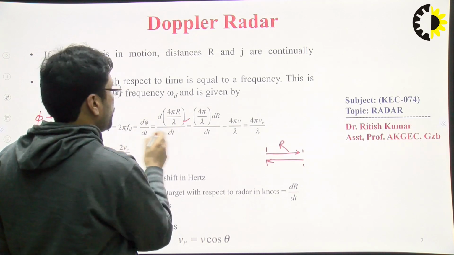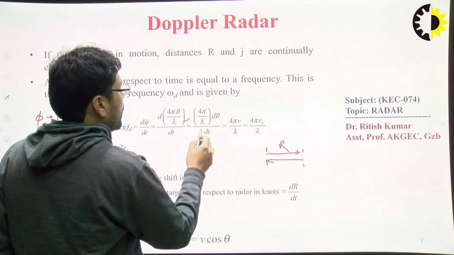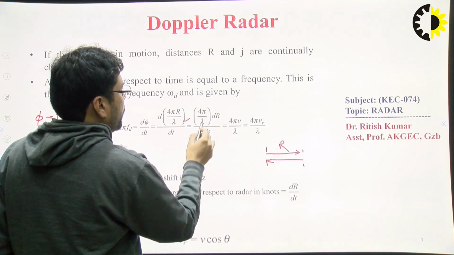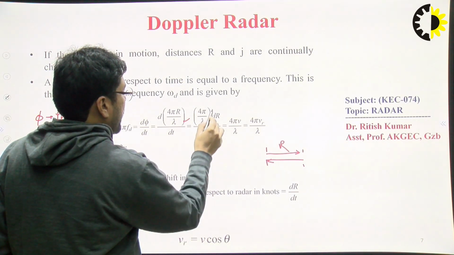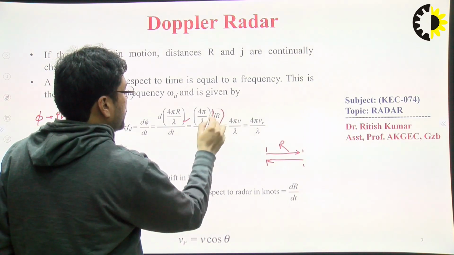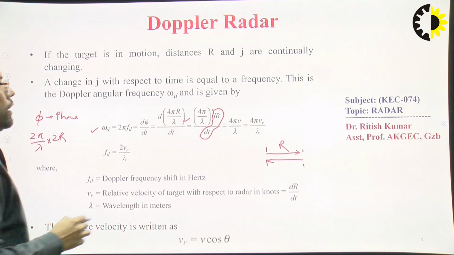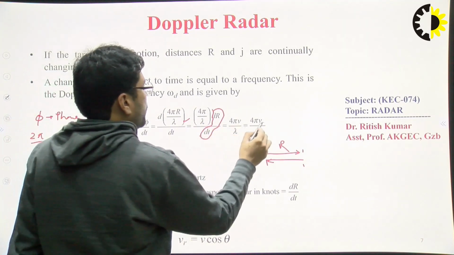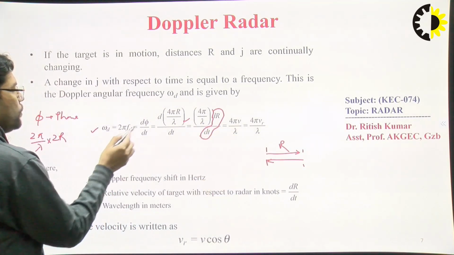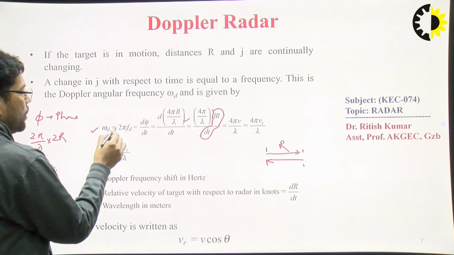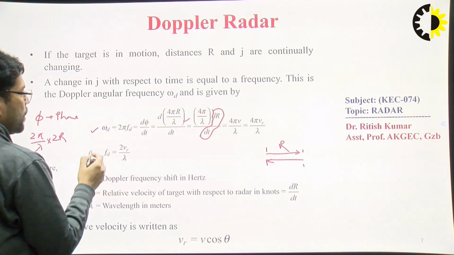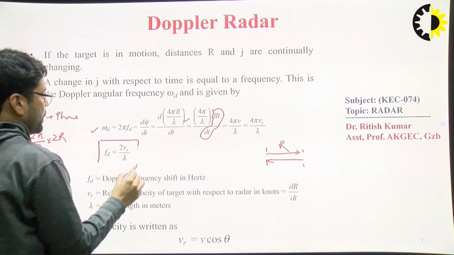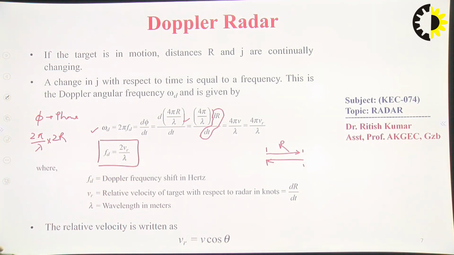So omega d is equal to 4 pi upon lambda dr by dt, and dr by dt is nothing but the velocity of the target, so 4 pi upon lambda into Vr. In this equation 2 pi cancels out, and you will get fd equal to twice Vr upon lambda.